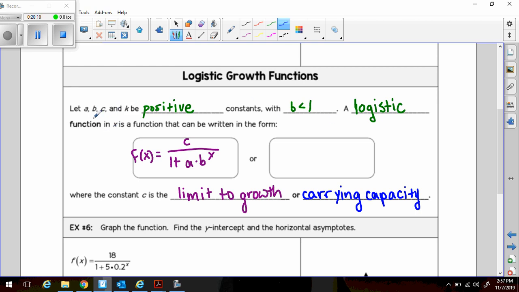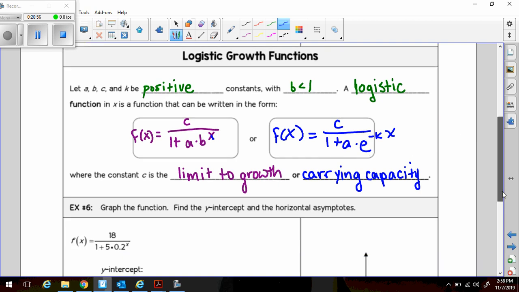A logistic function in X is a function that can be written in the form C over 1 plus A times B to the X, or f of X equals C over 1 plus A. Remember, we can make this an exponential with E. So times E to the negative kx, where the constant C is the limit to growth or carrying capacity. So C is the carrying capacity or limit to growth.